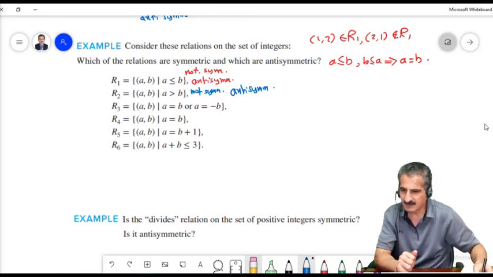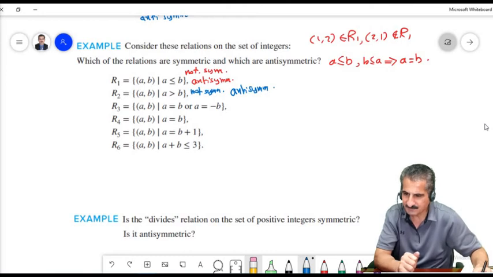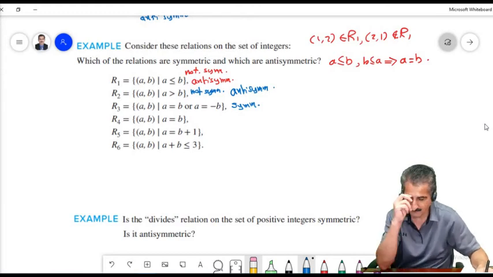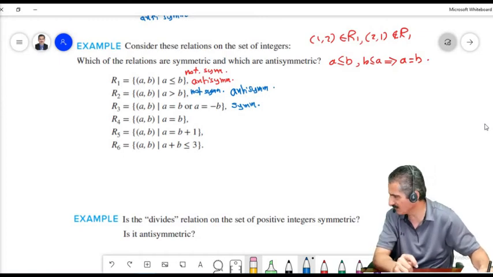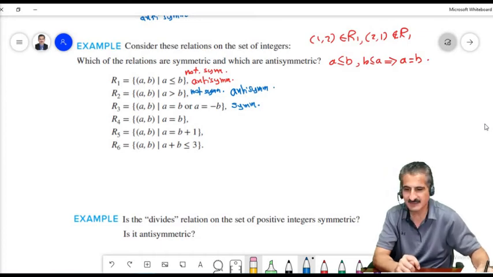R3 is what? Is it symmetric? Yes. Is it antisymmetric? R3, is it antisymmetric? If A is related to B and B is related to A, what do you think? Some people are saying no. It is not antisymmetric.